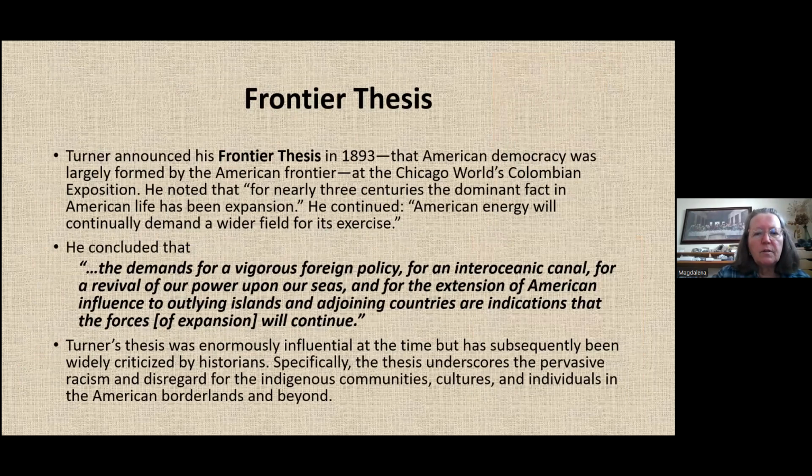Turner announced, and I'm going a little bit more in detail here with the Frontier Thesis, he announced in 1893 at the Chicago World's Columbian Exposition that American democracy was largely formed by the American frontier. He noted that for nearly three centuries, the dominant fact in American life has been expansion. He continued, American energy will continually demand a wider field for its exercise.